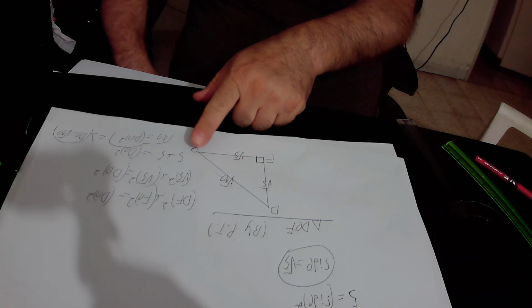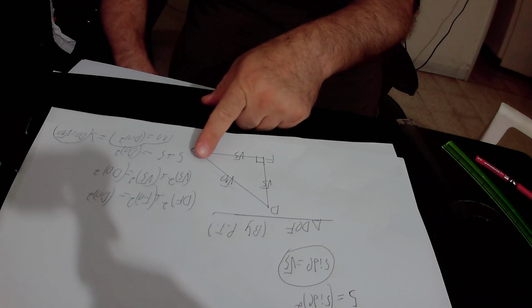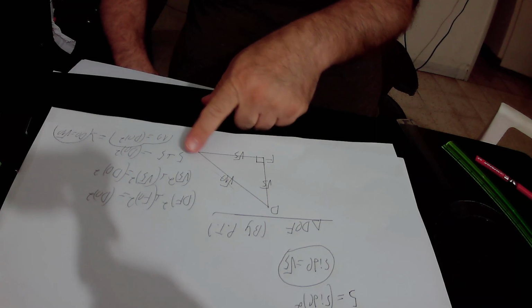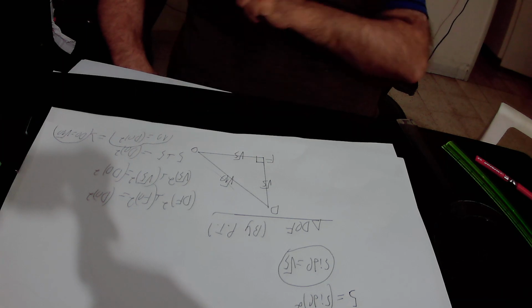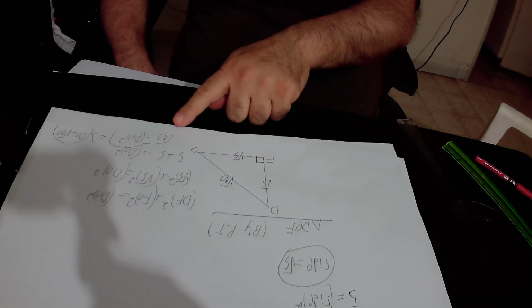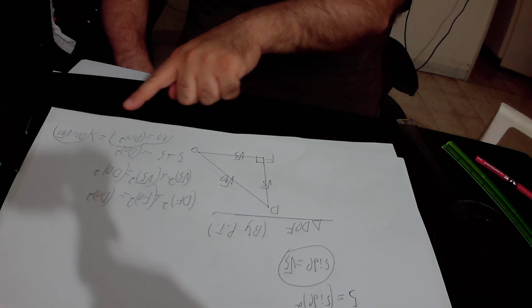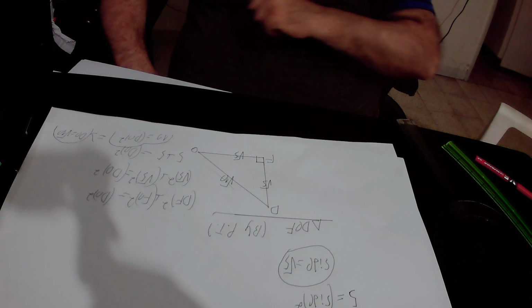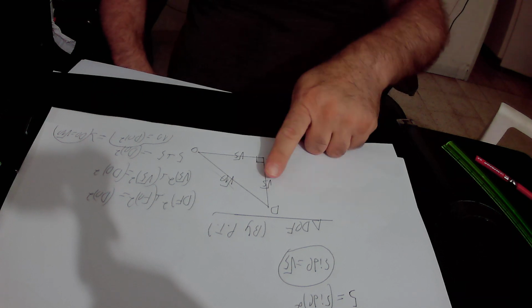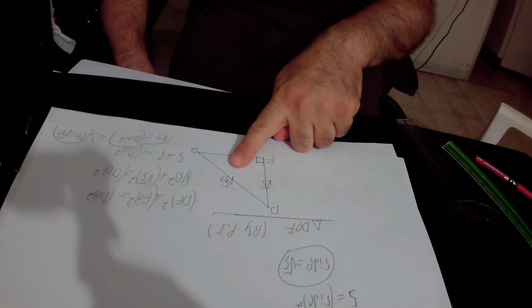Square root of 5 square is 5, therefore we get here that 5 plus 5 equals DO square. 5 plus 5 is 10, so 10 equals DO square. It is the square of the hypotenuse. We took the root of this equation and we found out that DO equals the square root of 10 units. The hypotenuse equals the square root of 10 units.